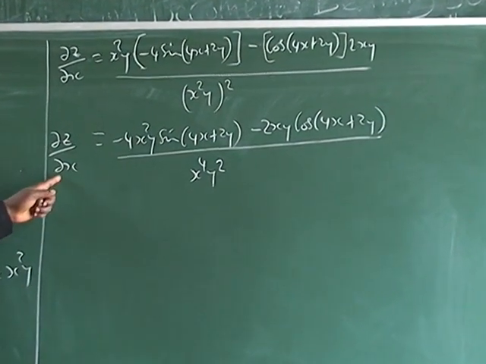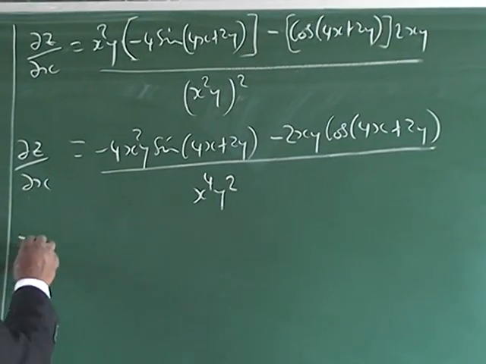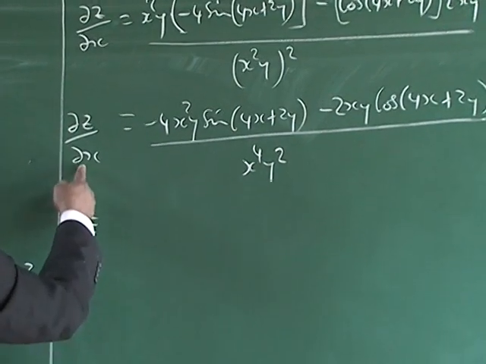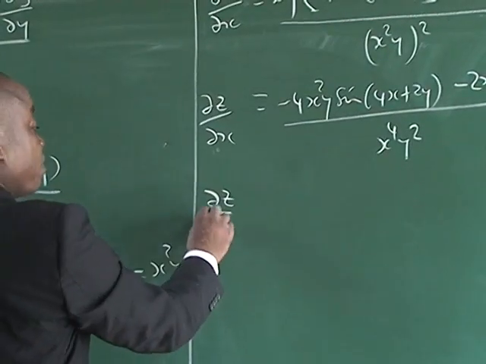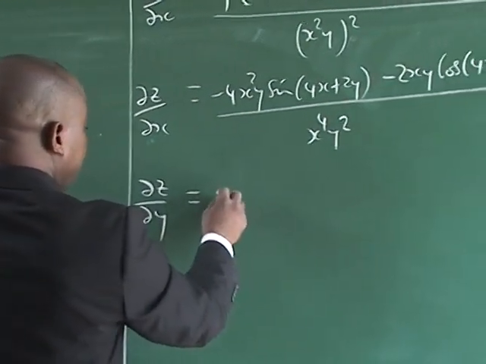Partial z partial y is also the same. Partial z partial y will be equal the same definition.